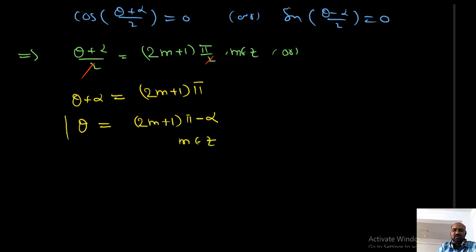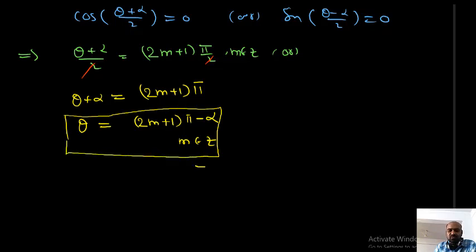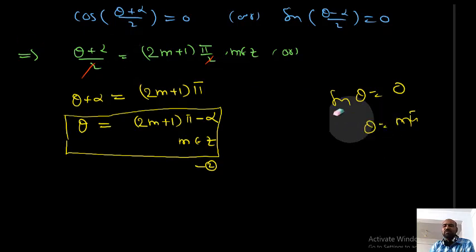This is one of the important results. Say this is result number 2. So time is completing, please observe here. See here, sin theta equal to 0. What is theta? n pi only, no? Or k pi only, or m pi only, or l pi only, any integer into pi, integral multiple of pi.